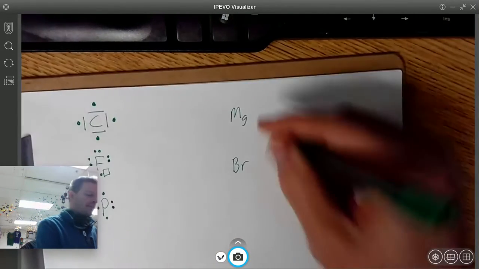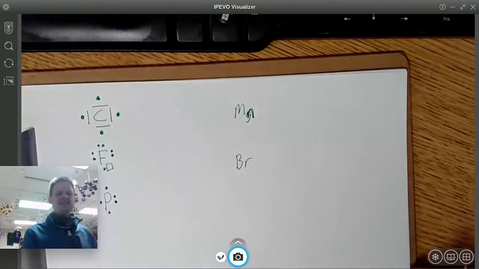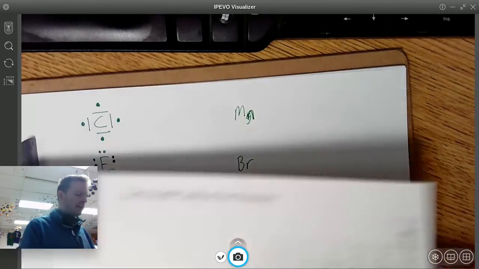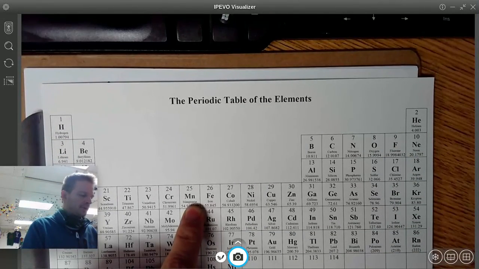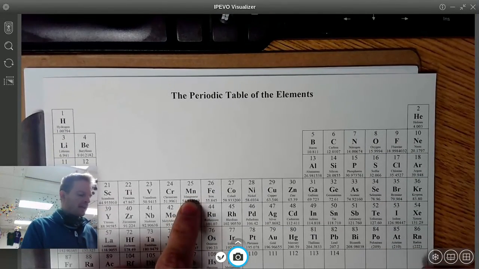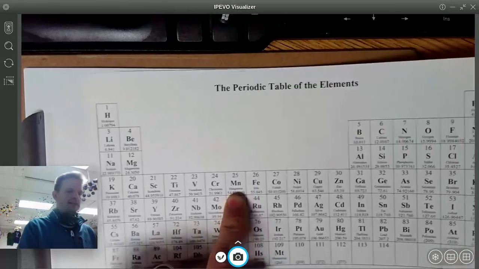Okay. Not magnesium, manganese. All right. Manganese is a weird one. Why is manganese a weird one? Manganese is a weird one because it's right here, right? When we take a look at it based on its placement on here, how many valence electrons does it have? Well, this is where the d block doesn't do a great job.